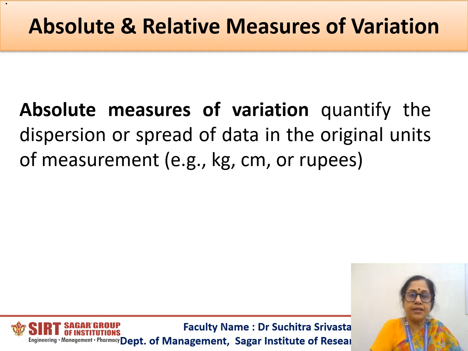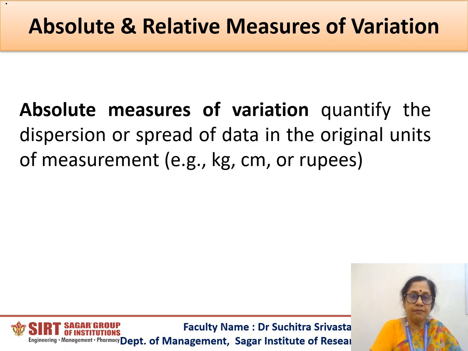Now, in today's lecture, we will be talking about absolute and relative measures of variation. Any measure of variation can be classified as either an absolute measure of variation or a relative measure. When we say it is an absolute measure, it is expressed in the unit of the distribution.